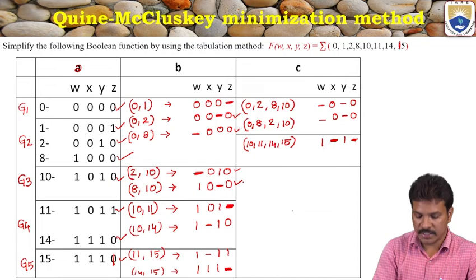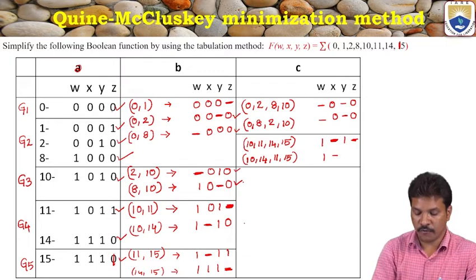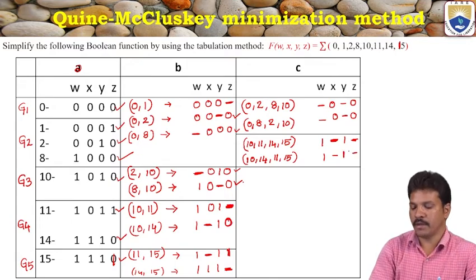Next, is there any other connecting group? 10, 14 and 11, 15 have the same second-bit position hyphen, so we can make that group 10, 14, 11, 15. So 1 dash. Where is the bit change? Here it is. So the last bit is hyphen. Remaining will be same. 1 dash 1 is the same.